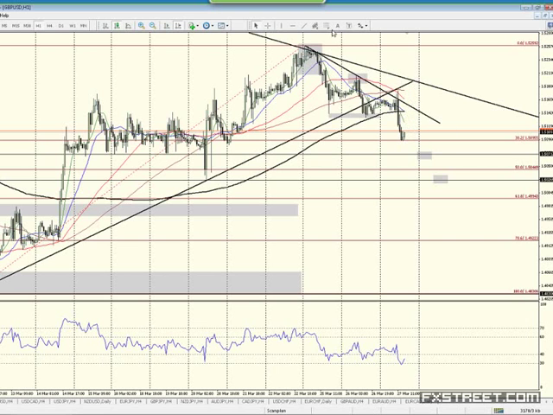But for me, I want to wait for one more, give it a chance to breathe, and in the next swing down, if that does form, then I would be putting in my shorter trade management. But yes, you're right, you can expect some near-term support there.